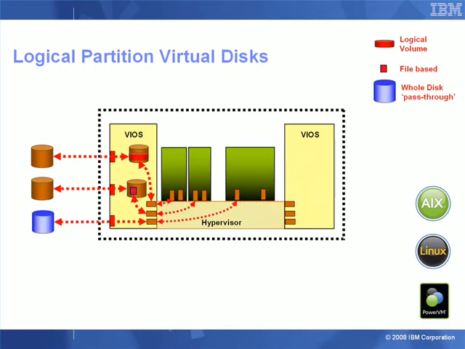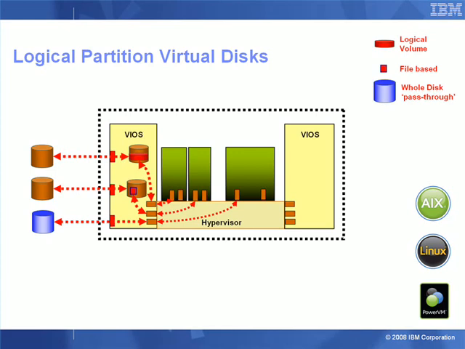Now let's ignore that second VIO server for a while, because there's another way we can connect this up. In this case, the virtual I/O server is aware of the external disk. Again, it doesn't matter what sort of disk it is, but it passes the entire disk, not a part of it, a logical volume or a file in the file system, but the whole disk to the client logical partition.